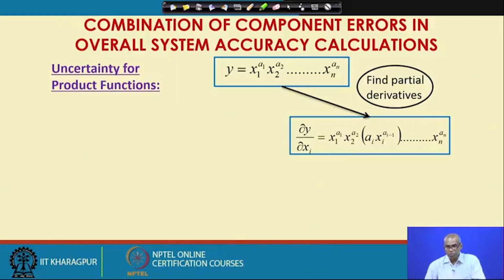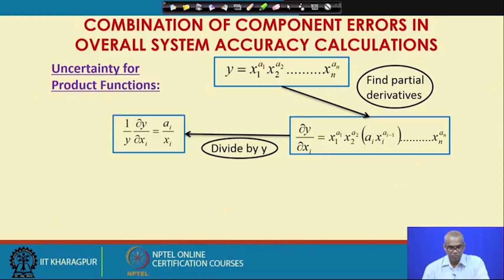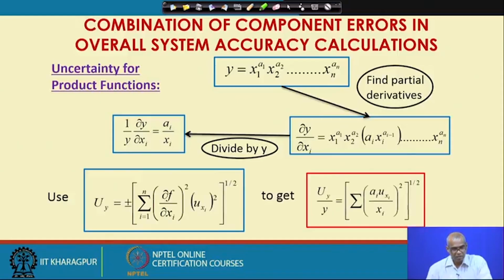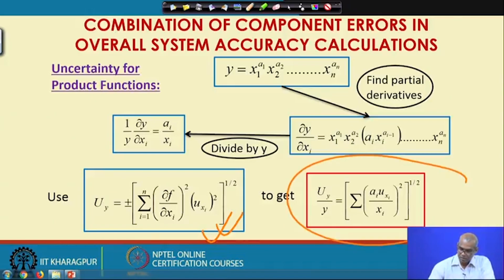We first compute the partial derivatives, and finally get del y del x i. Note that y is same as f, and then we make use of the expressions to get E y by y as this.